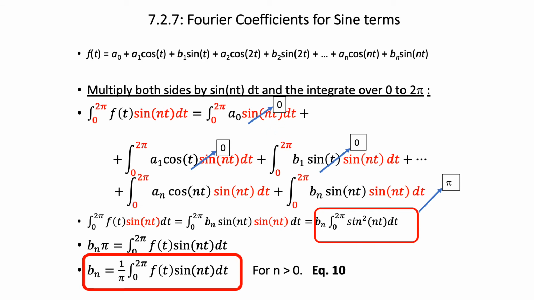To find Fourier coefficients for the sine terms, let us multiply both sides by sin nt and integrate over 0 to 2 pi.